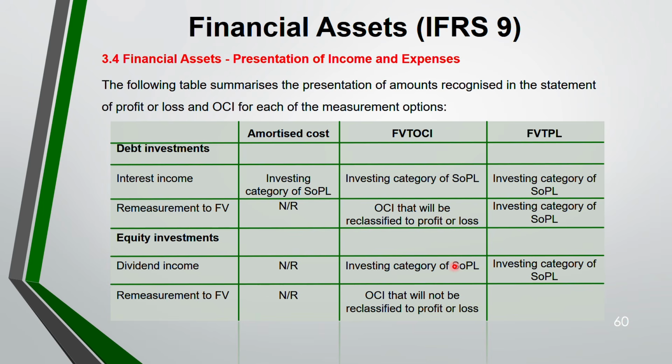And profit and loss, investing category. So one thing you have to notice, if anything goes to profit and loss, it will fall under investing category only. The only difference is if remeasurement to fair value goes to OCI, for debt investment it will be reclassified to profit and loss. For equity, it will not be reclassified to profit and loss.